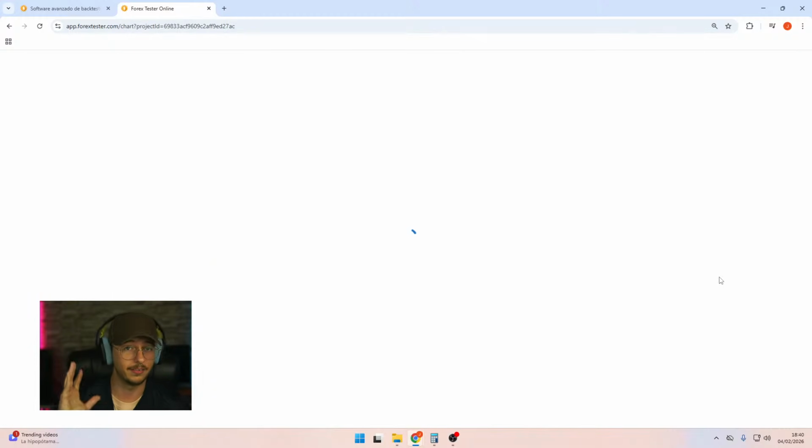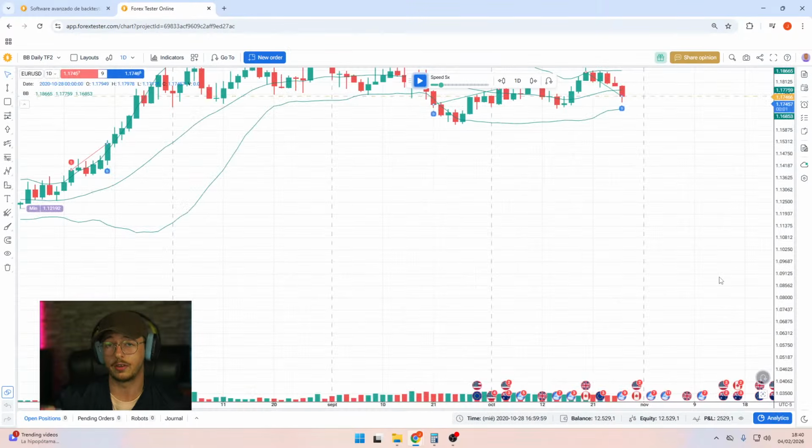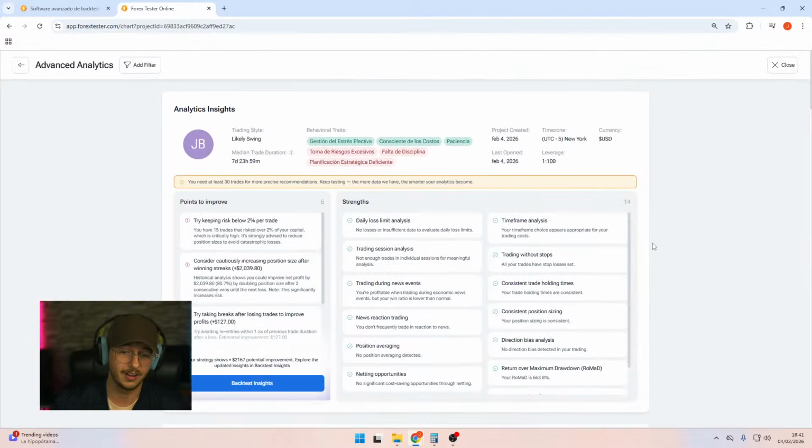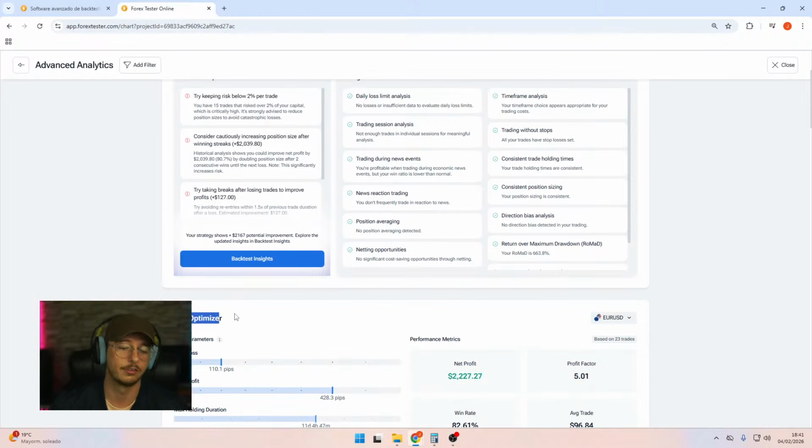Instead of having 1,500 or 15% profit, I lifted it to a 25% profit. And this is massive, because I didn't have to spend days backtesting and optimizing. I just used the analytics inside and the exit optimizer.